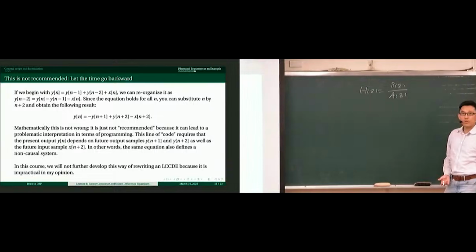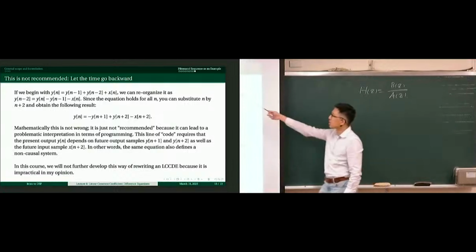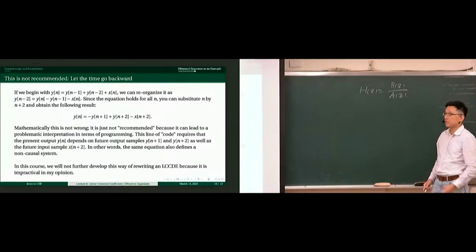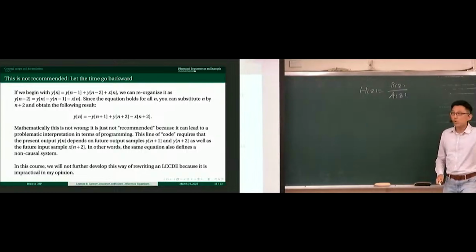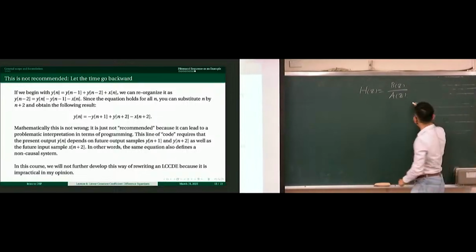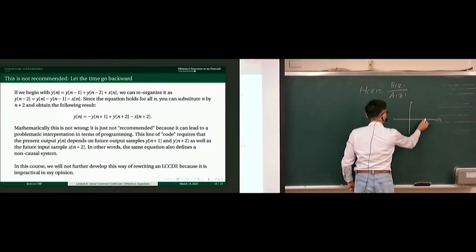So all those issues will not be an issue if you don't do this. If you don't allow time to go backward, then there is no such issue. The region of convergence is always outside the circle with the radius of the pole which is farthest away from the origin, right? So if we don't allow time to go backward, our life is so much easier.